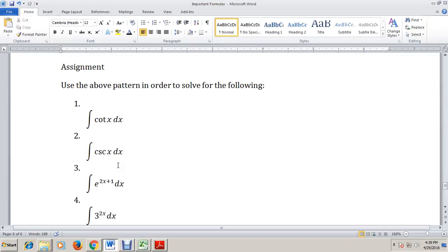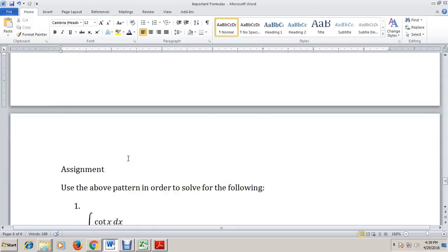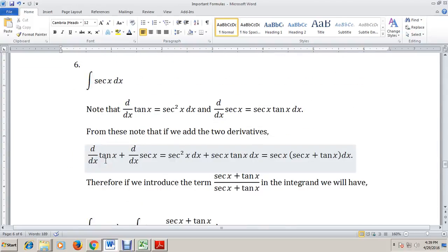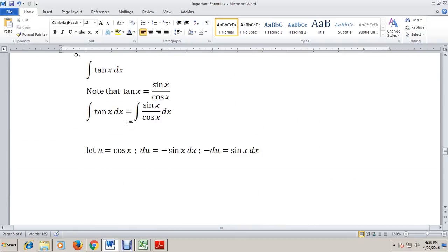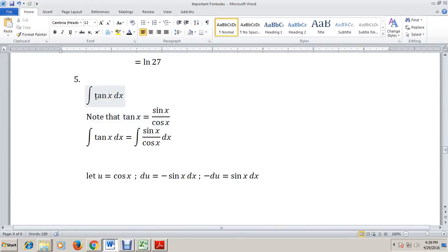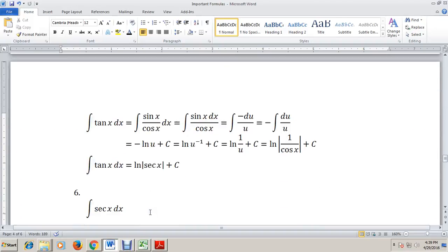As a suggestion, you could pattern the solution for getting the integral of cotangent x and the integral of cosecant x after the presented solutions here in number 6 and number 5. Just replace the integral of tangent with the integral of cotangent. Take note that cotangent is cosine over sine, and then you proceed further down.